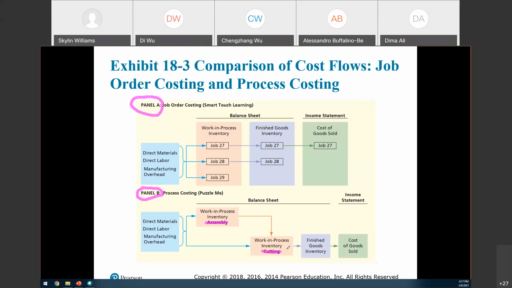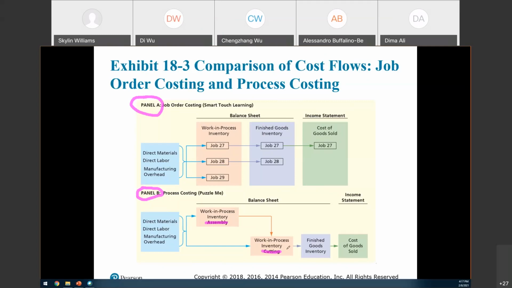Third, when the assembly department's process is complete, the units move out of the assembly department and go into the cutting department. The assembly department's costs are also transferred out of the assembly department's WIP inventory to WIP inventory account in cutting department.